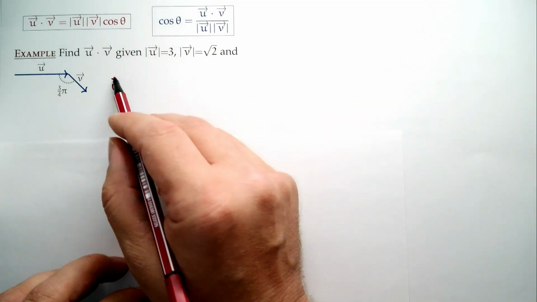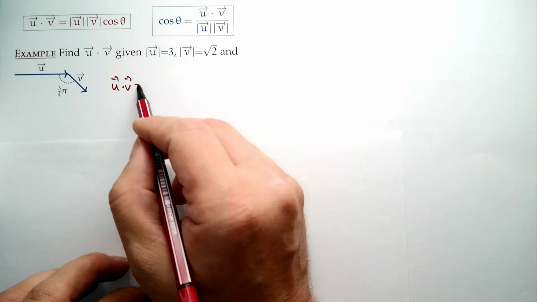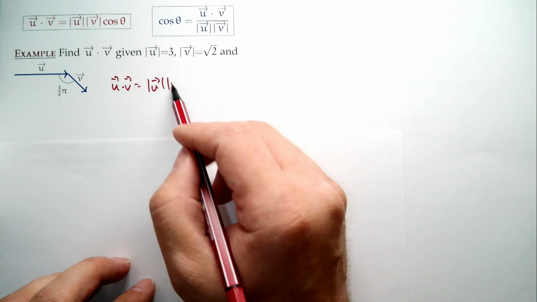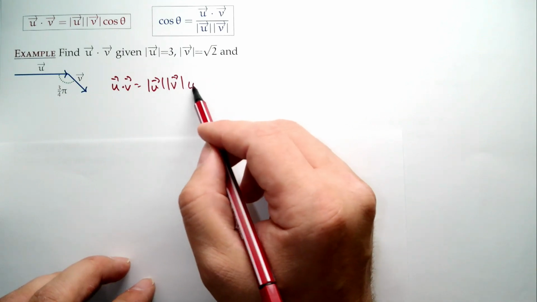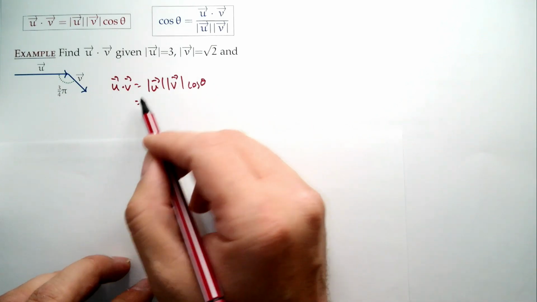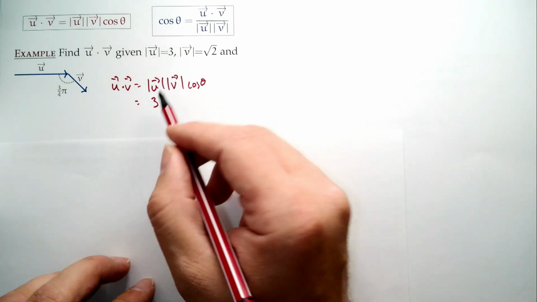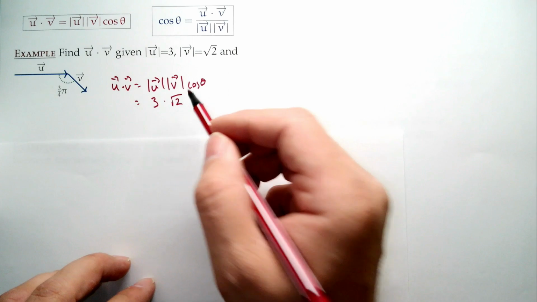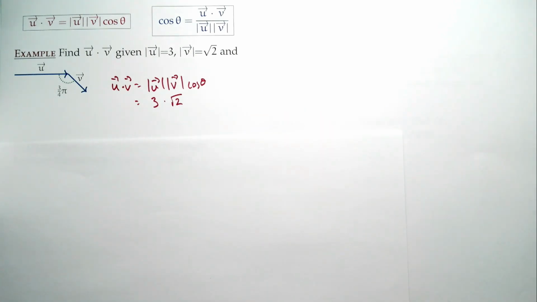So u dot v will be the magnitude of u, I'll just write down the formula again, times the magnitude of v times cosine theta. Well, magnitude of u, that's given, that's 3. Magnitude of v, that's square root of 2. And cosine theta, well, what's theta? Is theta 3 pi over 4? It's not 3 pi over 4.